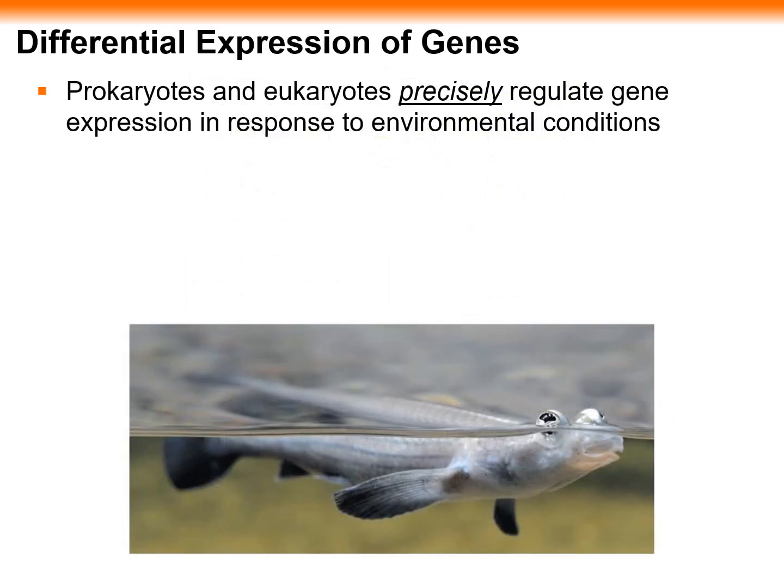So as we've mentioned in the previous slides here, we have to precisely regulate gene expression in order to have appropriate development, appropriate function, but also appropriate responses. If you remember in our cell signaling, we talked about fast cytosolic responses.